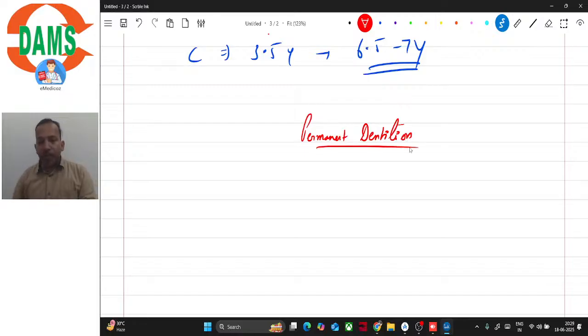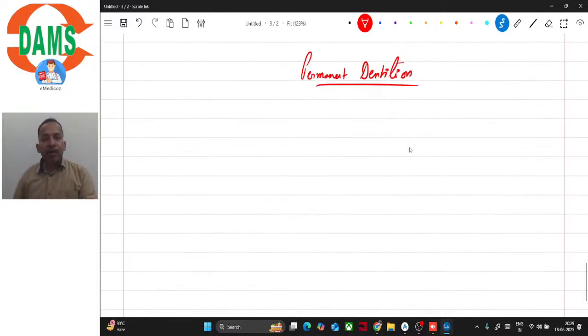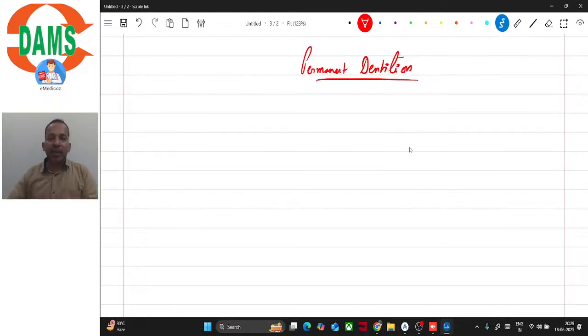So the chronology of permanent dentition, just like primary, we'll discuss it under 4 headings: initiation, crown completion, eruption, and root completion. Right, same as deciduous dentition.